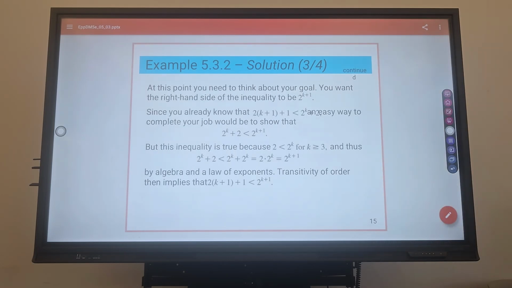At this point, you need to think about your goal. You want the right-hand side of the inequality to be 2^(k+1). Since you already know that 2 times (k+1) plus 1 is less than 2^k plus 2, an easy way to complete your job would be to show that 2^k plus 2 is less than... I think they're getting typos here again.